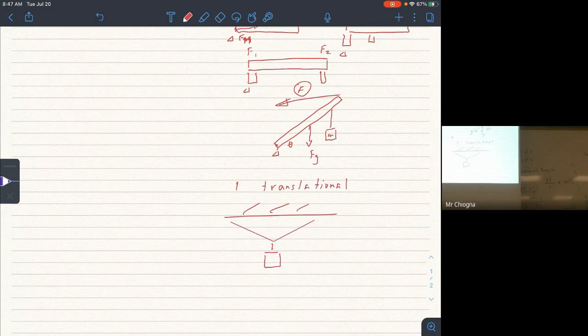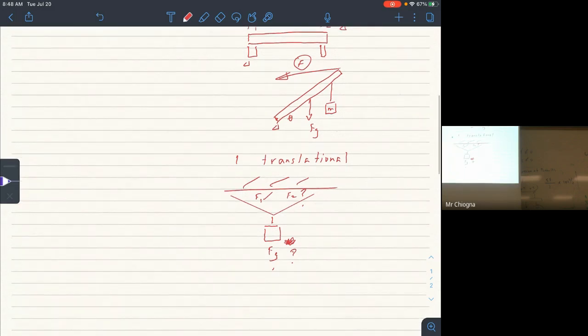You could have F1, you could have FG. Maybe the question is find F2. One of those forces will be unknown, F1, F2 or FG. Which one I ask about is the variation. In this diagram, I just said what's F2. Question could be what's FG or what's F1, or what's F1 and F2 given FG.